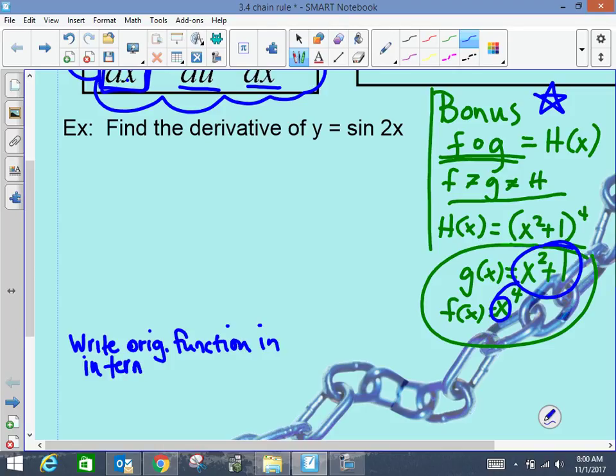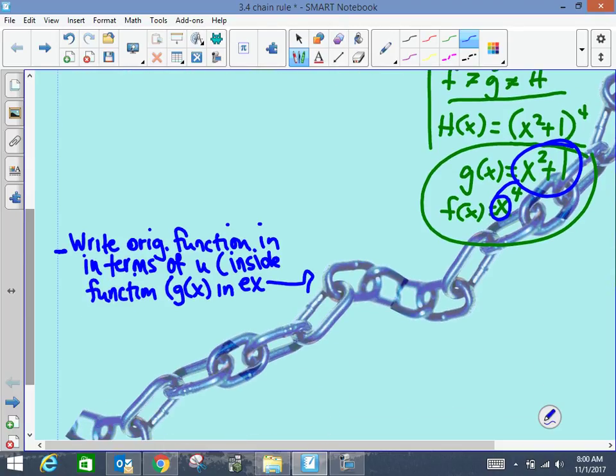That's what I call my inside function. Over here, it's the g of x in our example. So we're going to write the original function in terms of u, and then we're going to write what u is.